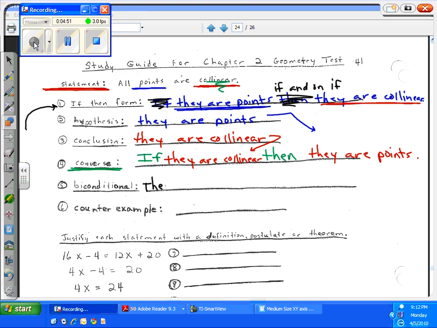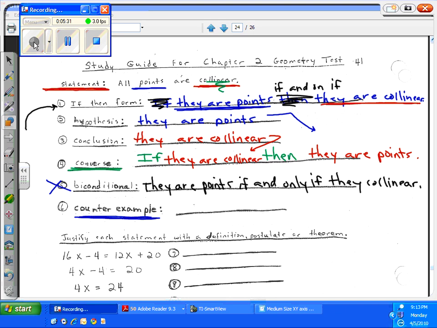So it would become they are points if and only if they are collinear. Now, in reality, we're not supposed to write a biconditional because to be able to write a biconditional, the statement and its converse must both be true. Well, in this case, neither one of them is true.